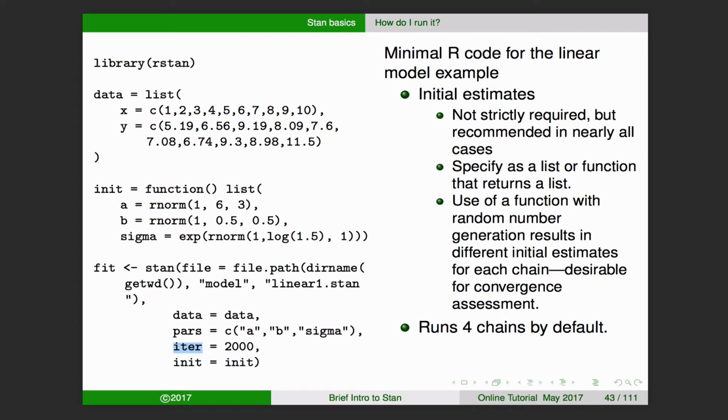And during warm-up, you've got the process where hopefully you're converging to the posterior distribution. And second, it uses that phase also to tune the various parameters of the Hamiltonian Monte Carlo algorithm. And finally, I pass in that function, which will generate my initial estimates. So that's where the main work is happening, with that function.